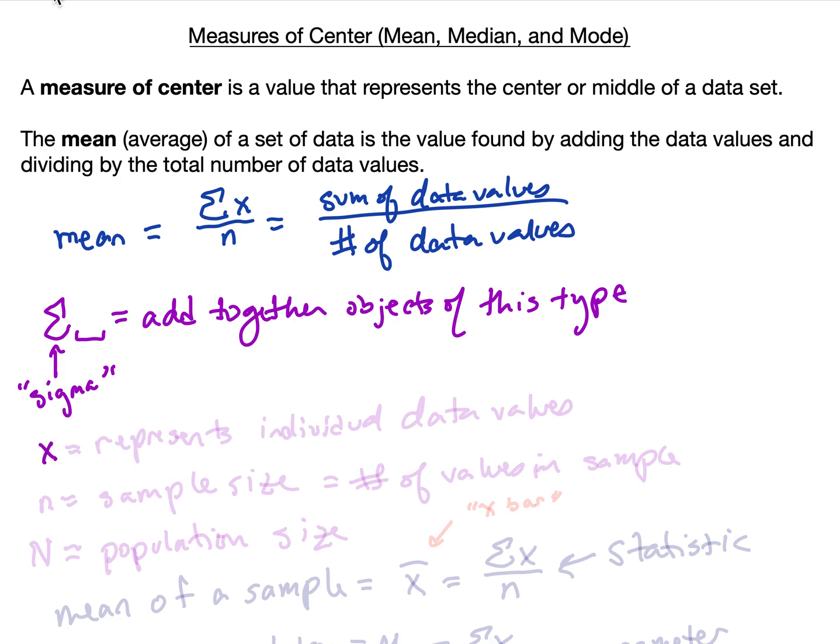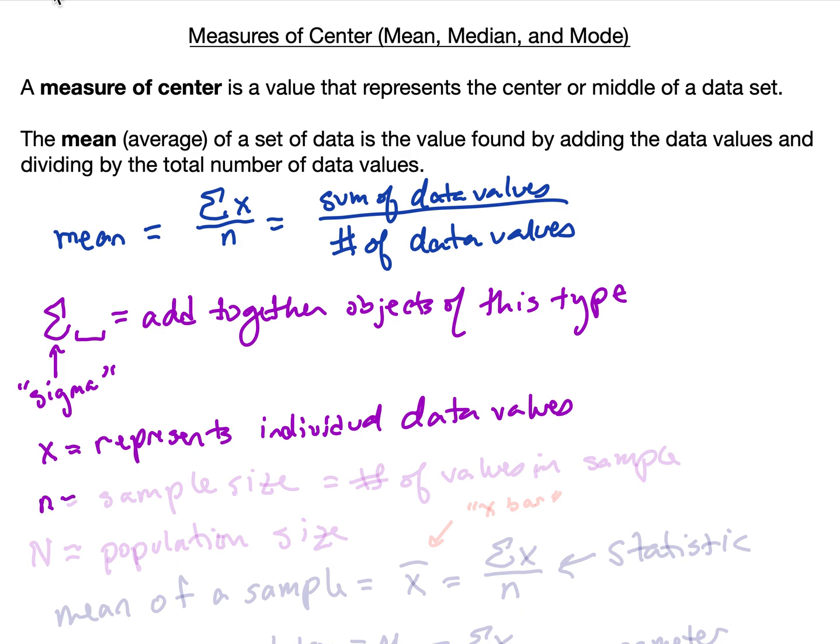Lowercase x is usually used to represent individual data values. So in this case, we're adding together all things of this type, the individual data values.